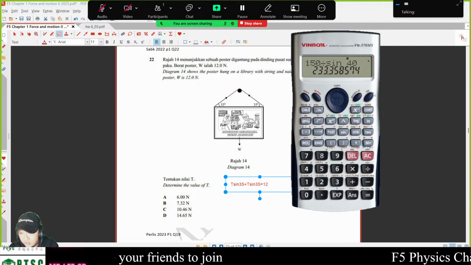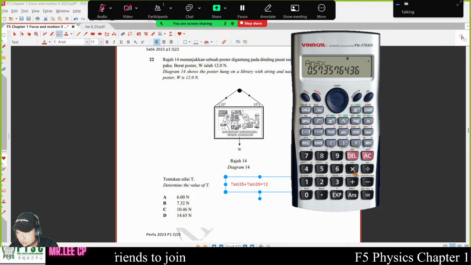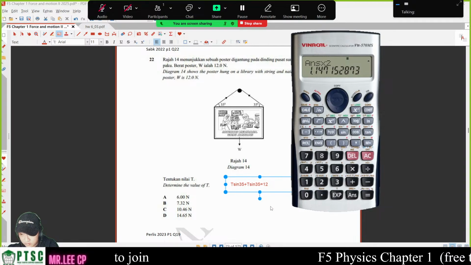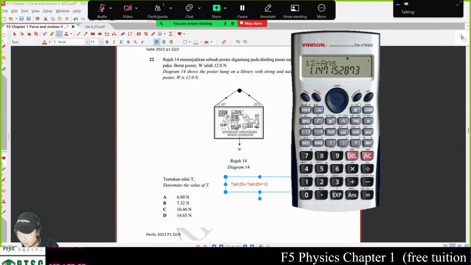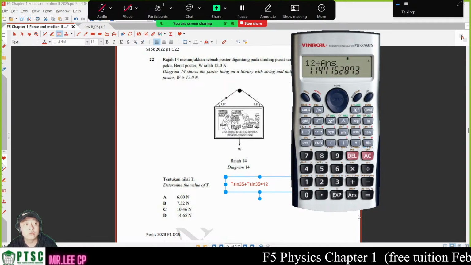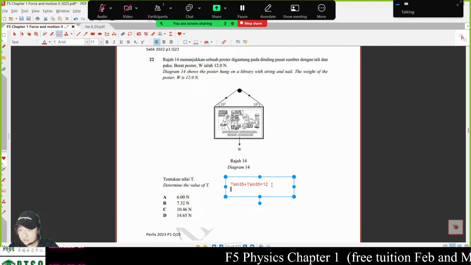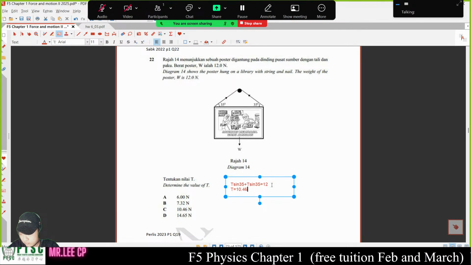So T times sine 35 times 2 equals 12. So I bring down: 12 divided by the answer, or you inverse then times 12, also can. Up to you. I get 10.46. So T is 10.46, unit Newton.